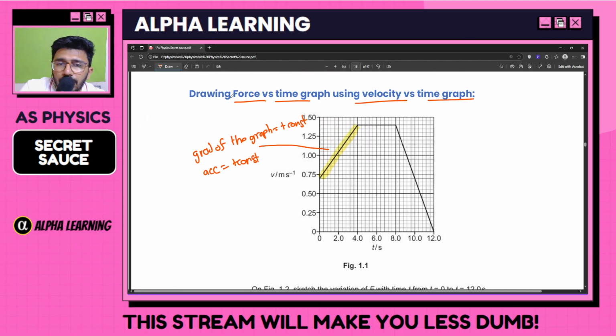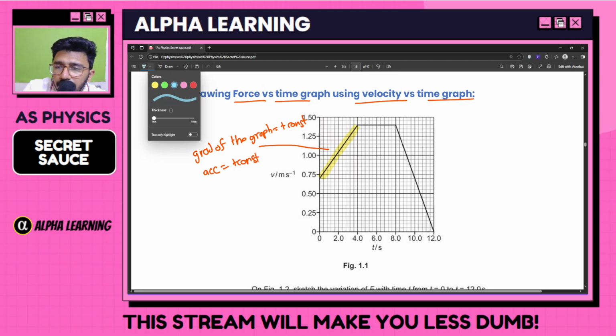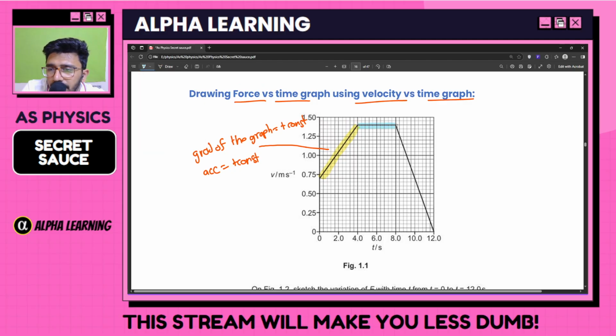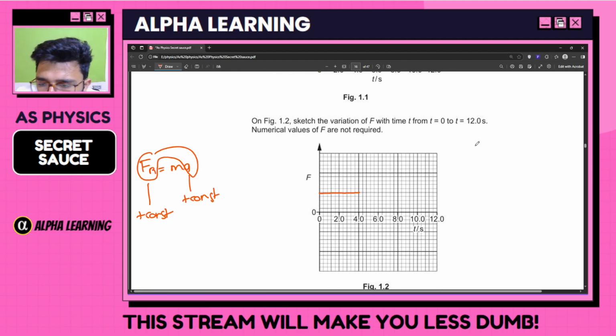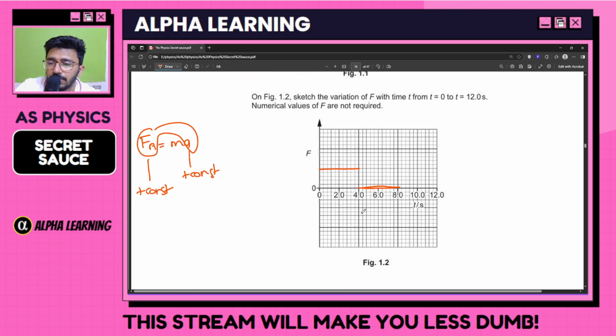Now let's move on to the next piece of the graph, that is this blue highlighted piece. Here can you analyze that the gradient of this graph is 0, acceleration is 0, that means force will also be 0. So you draw a 0 force from 4 till 8 seconds like this, perfect.